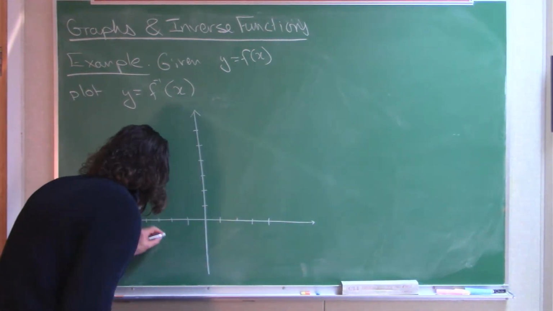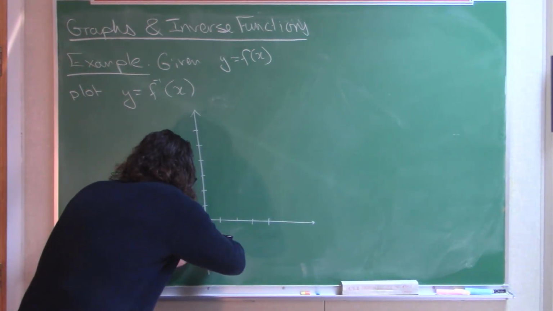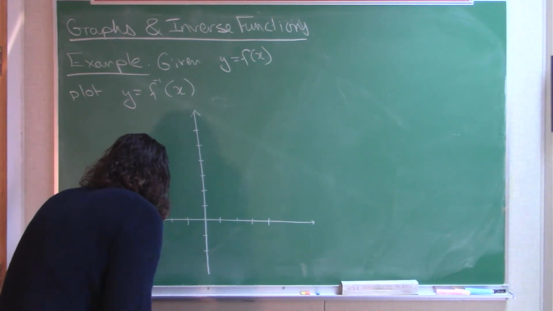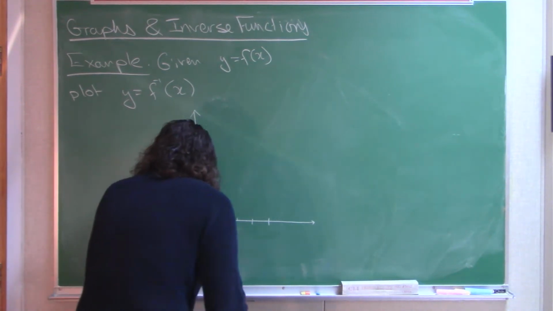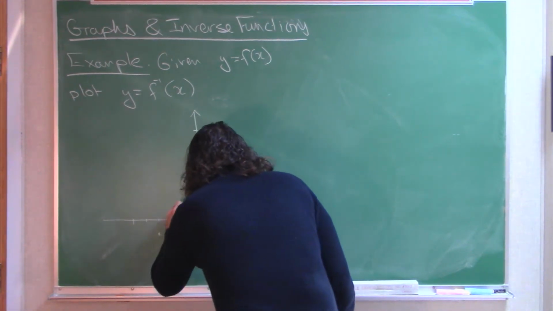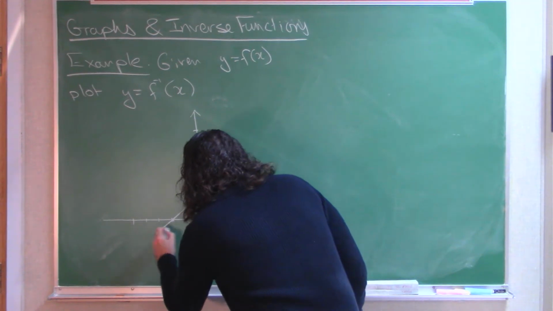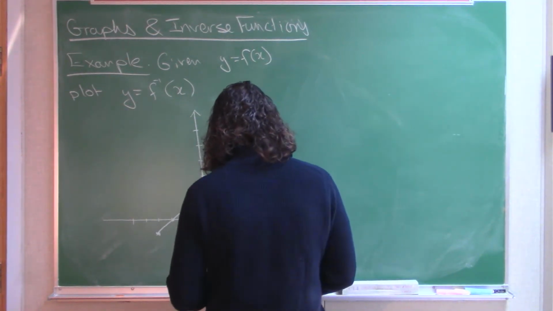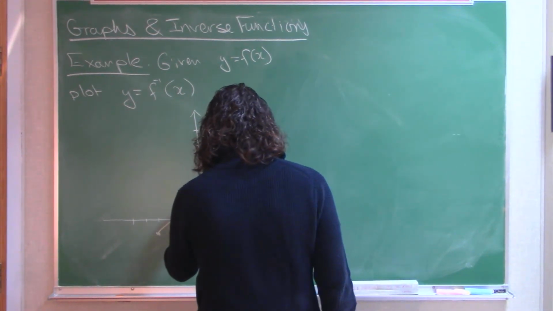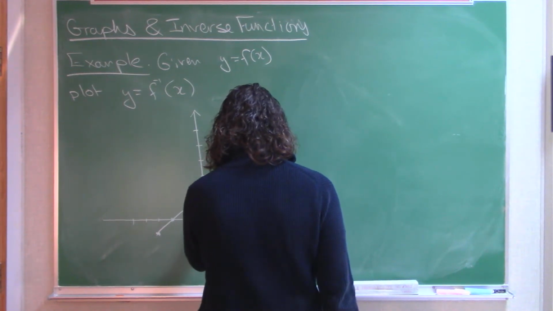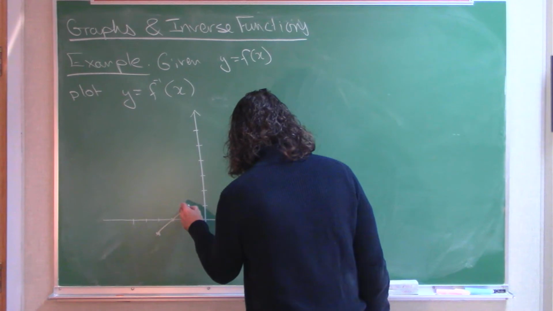So let's say we got maybe this point here, this point, so this part of the graph is looking like that. Maybe over here we go like that.